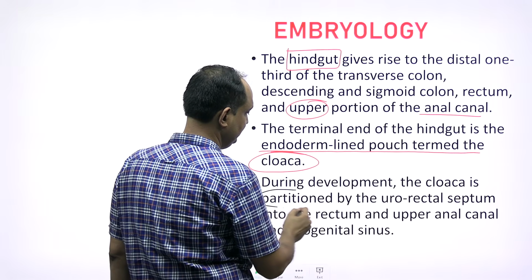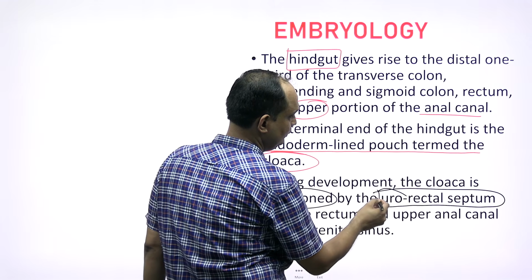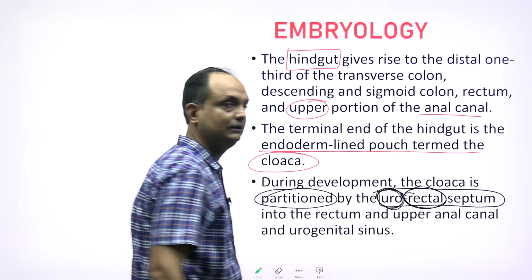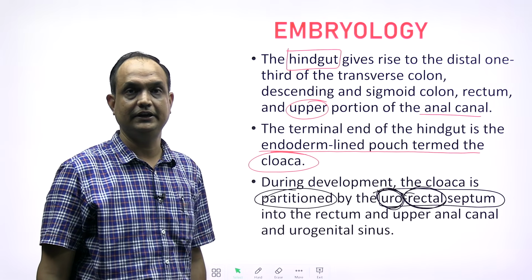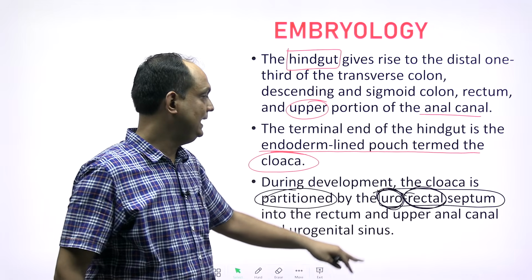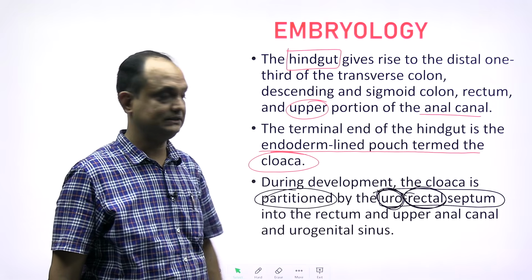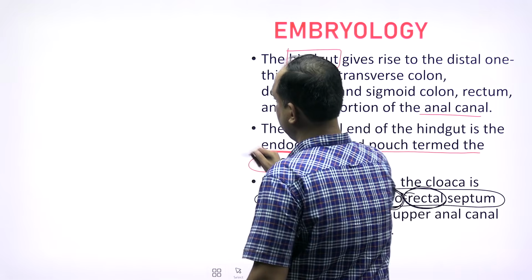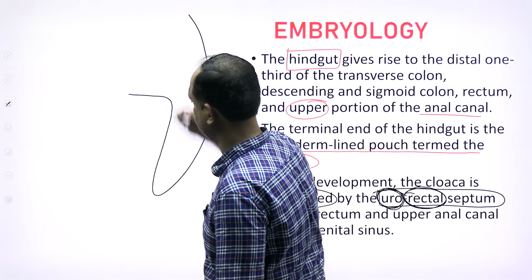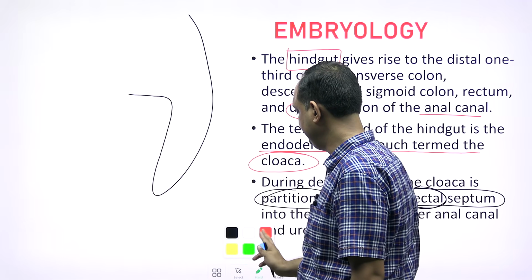A partition develops in the cloaca, known as the urorectal septum. That means you are now separating the urinary system from the rectal, that is the defecation, area. This separation is going to form your upper part of the anal canal and the urogenital sinus. The lower end of the gut, which is known as the cloaca, later has a septum.